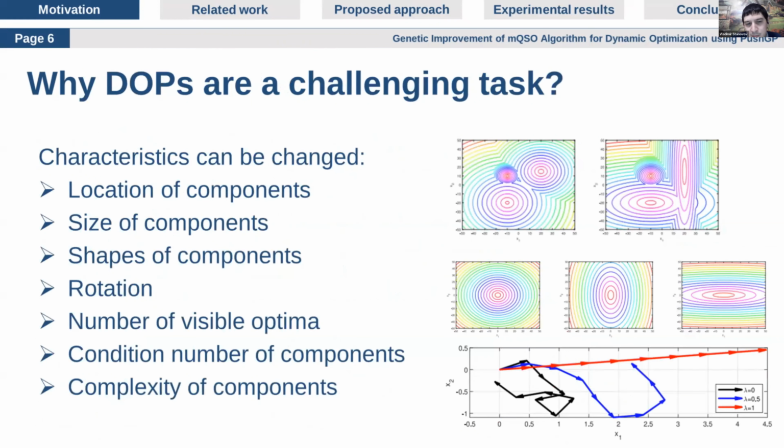And so, okay, you can ask, so what's the problem? You can just take an evolutionary algorithm because it is evolutionary, then it works with dynamic environments, and it will work fine.